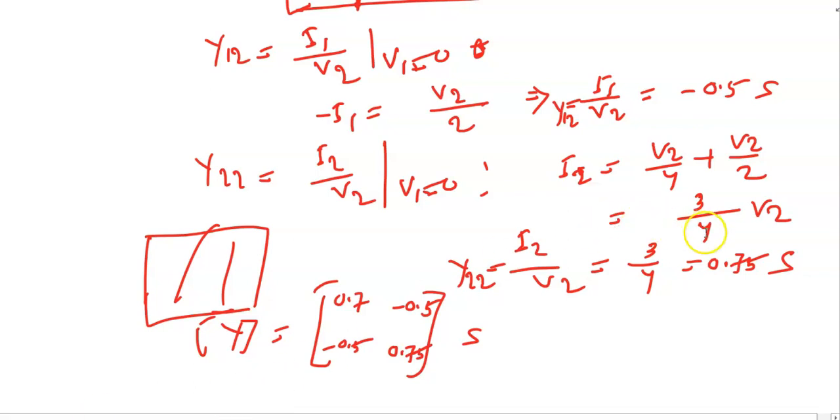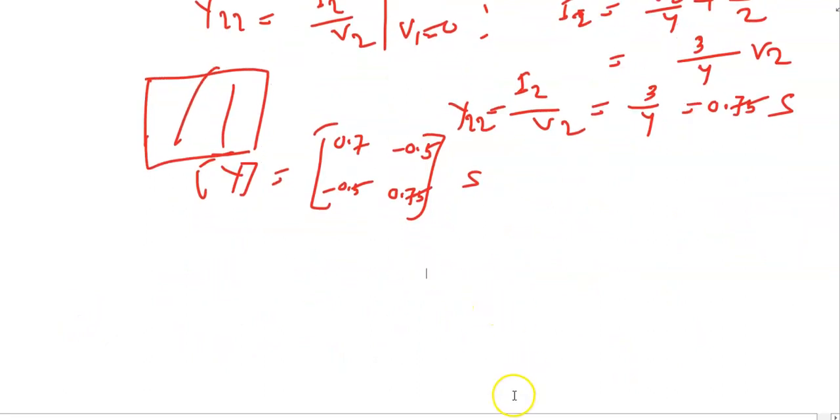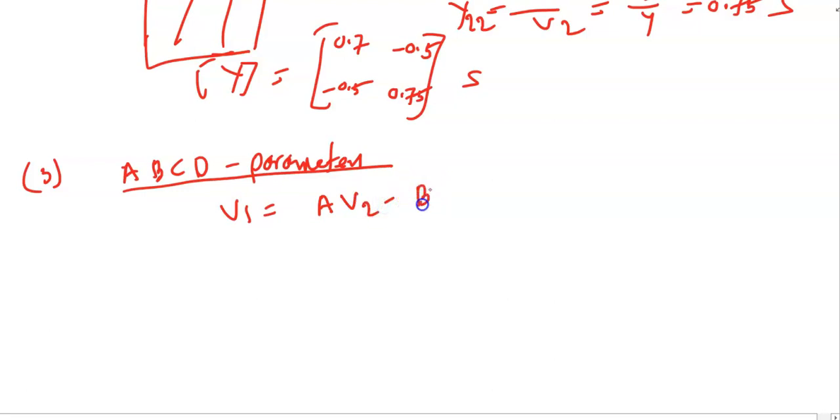Next we'll move to the transmission line parameters, or simply transmission parameters, or ABCD parameters. Here all the quantities on the input side are expressed in terms of the output. So V1 is equal to A V2 minus B I2, and I1 is equal to C V2 minus D I2.